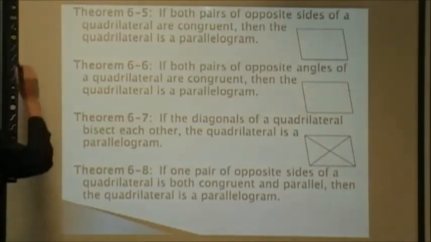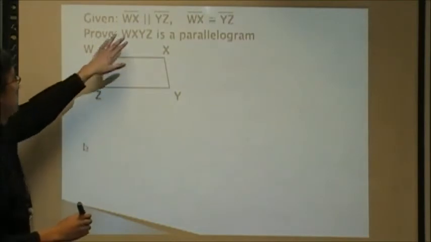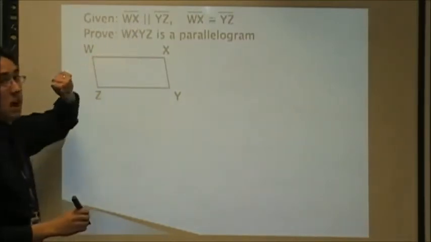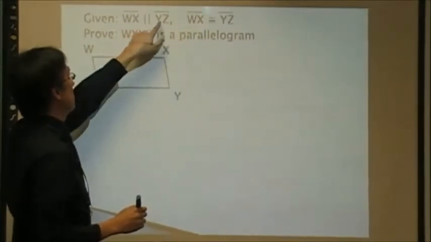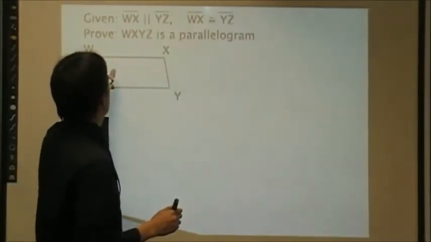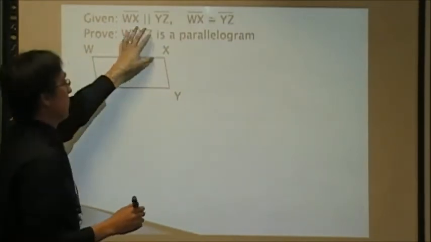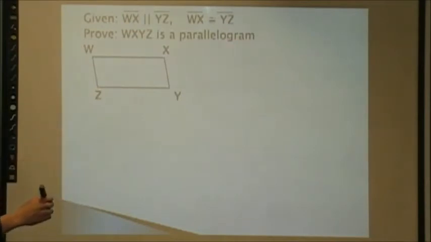So let's go ahead and actually prove that one right now, because that's a good one. If one pair of sides of a quadrilateral is parallel and congruent, so WX is parallel to YZ, and WX is congruent to YZ, we're going to prove this theorem right now by showing that WXYZ is indeed a parallelogram.